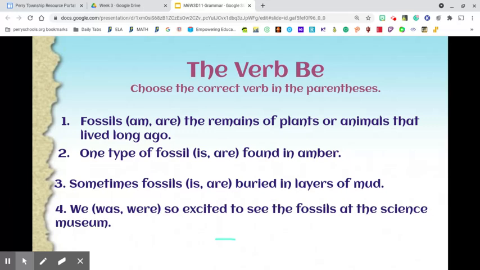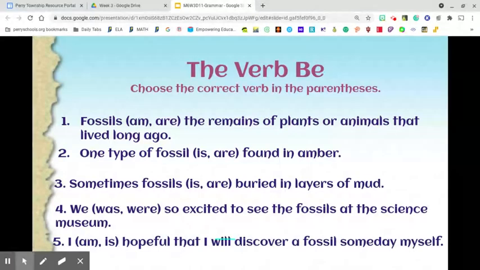Number 4, we was or were so excited to see the fossils at the Science Museum. So this is looking at making this sentence past tense by either adding was or were, but because we is a plural pronoun, we're going to use were. We were so excited to see the fossils at the Science Museum.